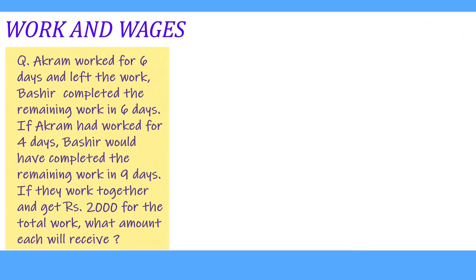So his 6-day work will be 6 upon A, and the remaining work was completed by Bashir in again 6 days, and let Bashir do this work in B days. Then his 6-day work will be 6 upon B. This is equal to 1, and this is our equation number 1.